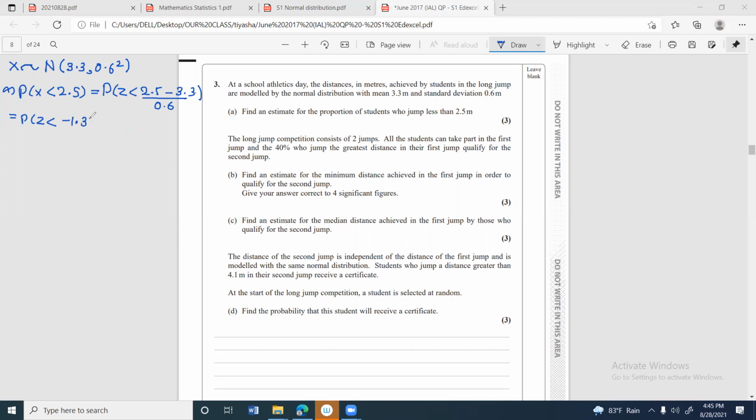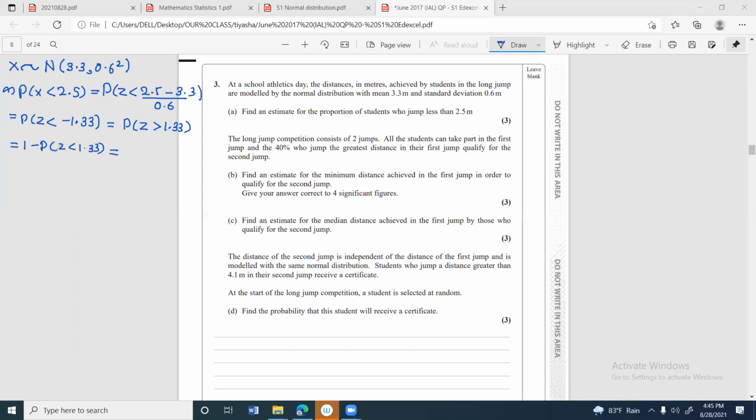We know that we can't read negative probabilities from the table. Therefore, I multiply this inequality by negative, and the direction of the inequality changes. Then Z is greater than 1.33. You can find it as 1 minus the probability of Z less than 1.33.